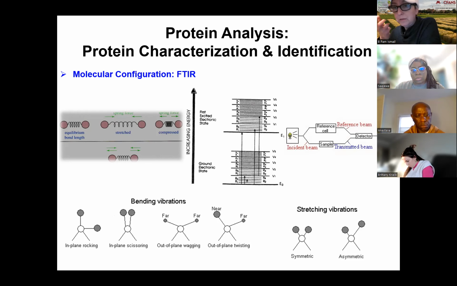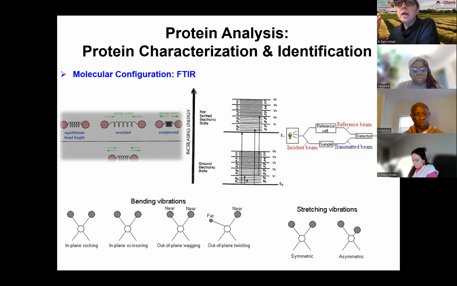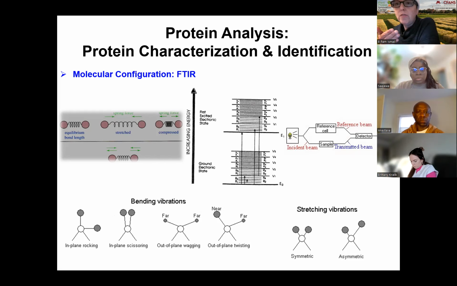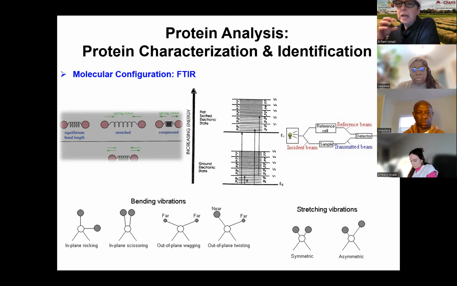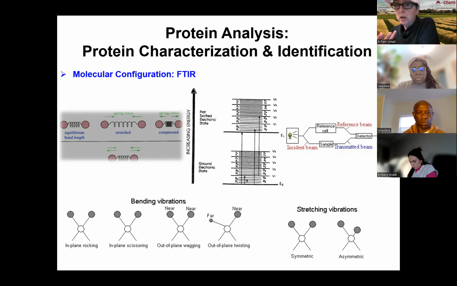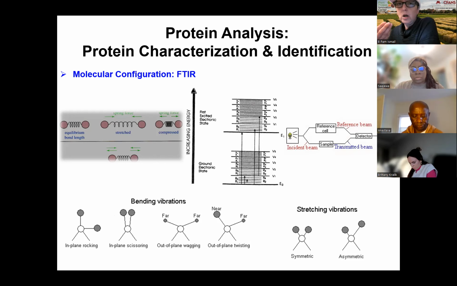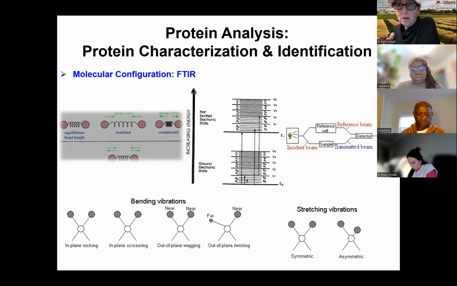They're always moving, they're not static. And when light hits them, and if it's in the range of the allowable transitions, they will absorb light, and then we can detect this absorption of light and translate it into structural information.